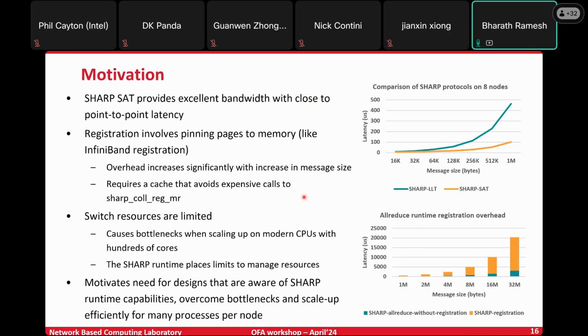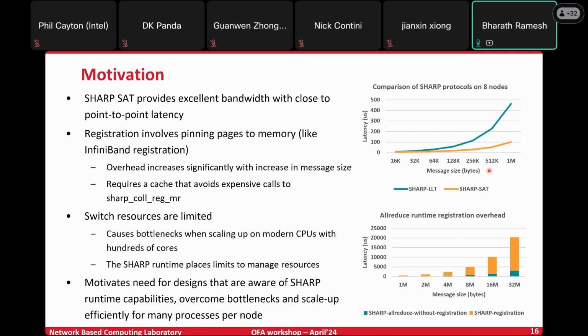Now to see the kind of benefits we can expect with streaming aggregation, we compared Sharp's LLT and streaming aggregation on 8 nodes. LLT is an abbreviation for low latency tree. It's the algorithm that Sharp uses for smaller messages. As you can imagine, a tree-based algorithm is really good for small messages, but the problem is that you have multiple steps.